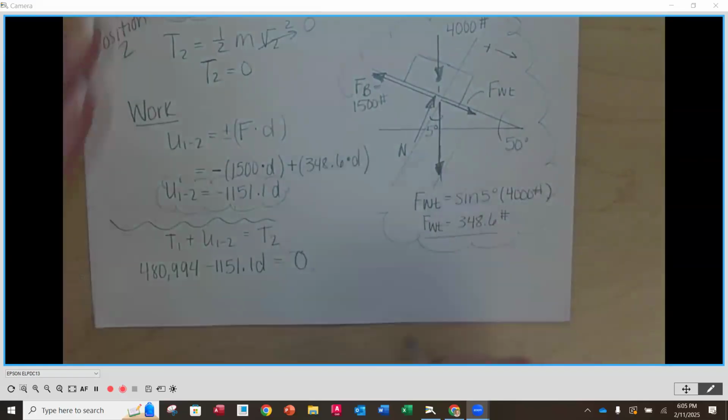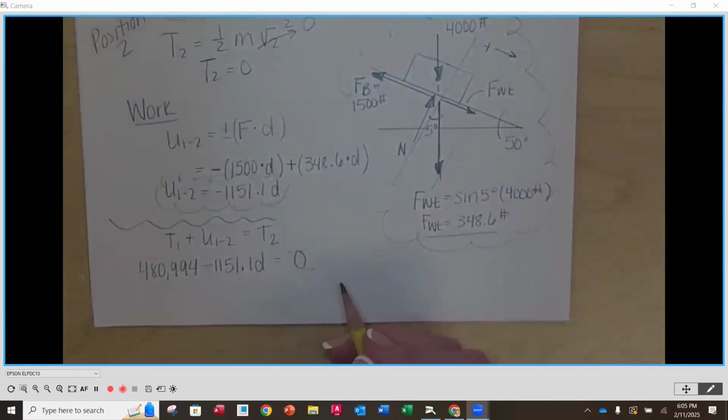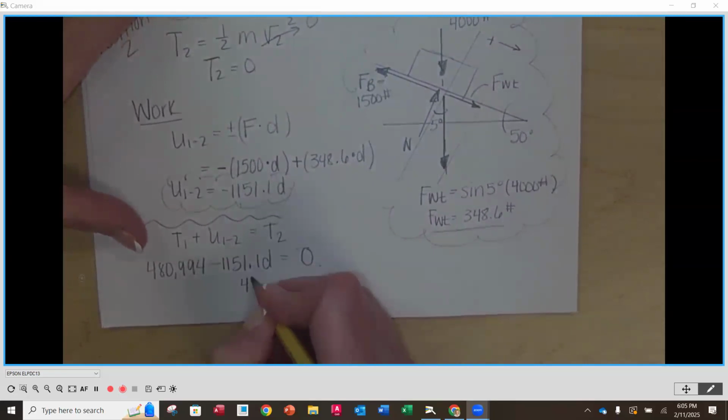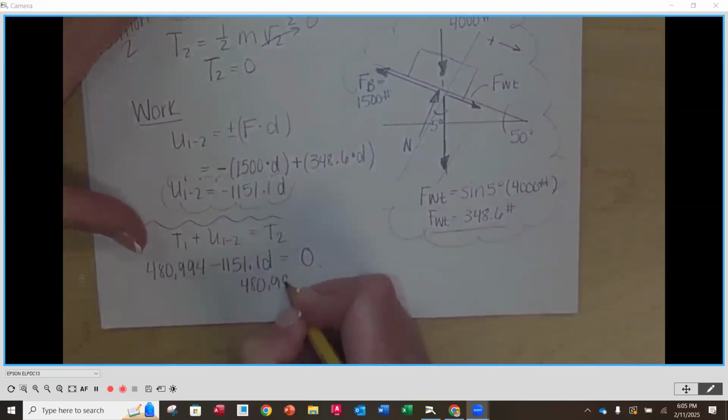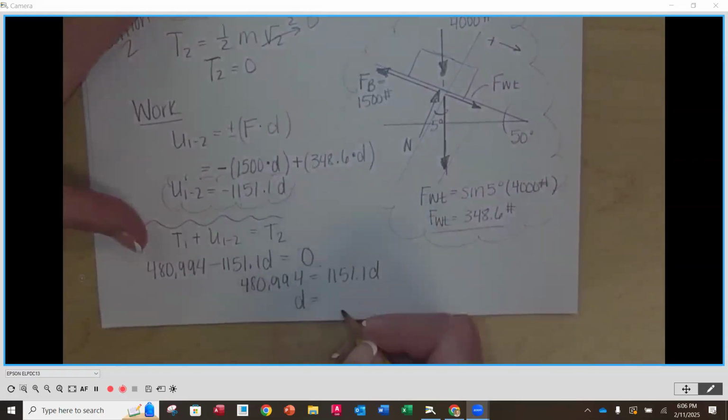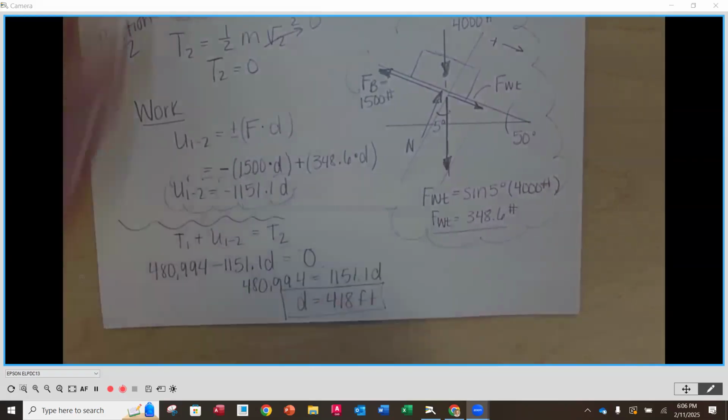We know that to be 0. So now we're simply going to put the 1151.1 D on the other side. So we're going to have 480,994 is equal to 1151.1 D. And solving for D, we're going to get 418 feet. And that's going to be our braking distance.